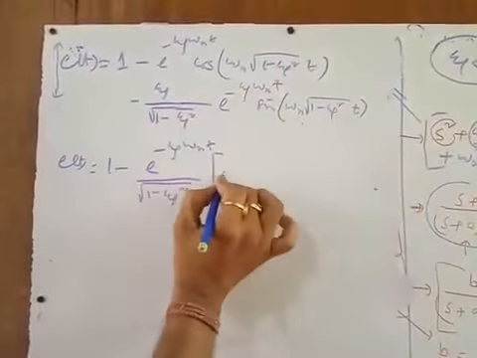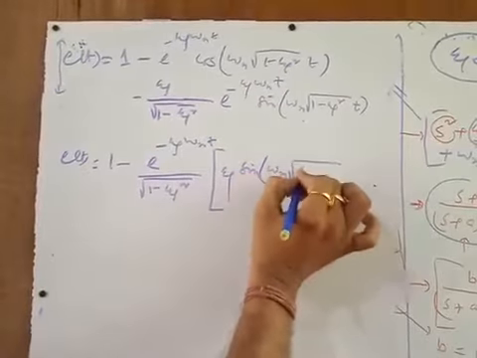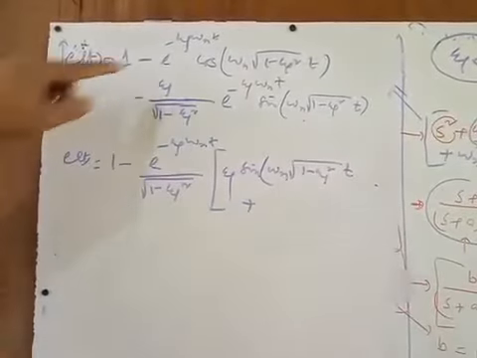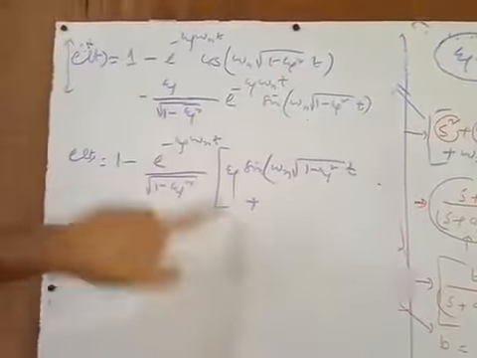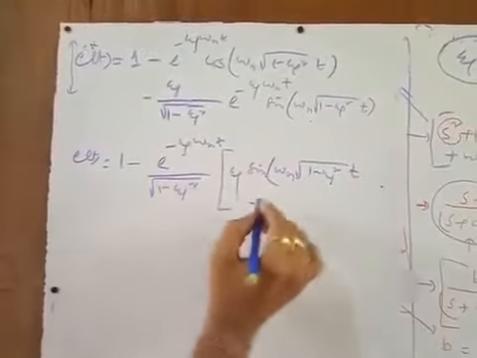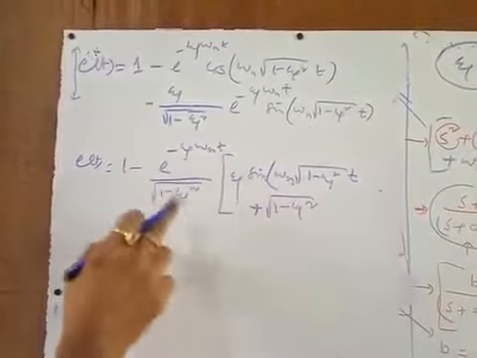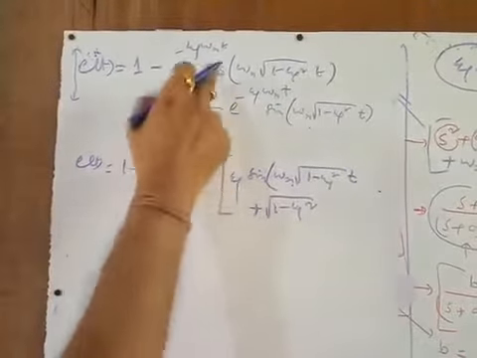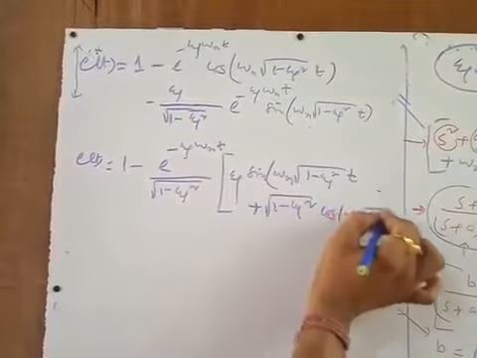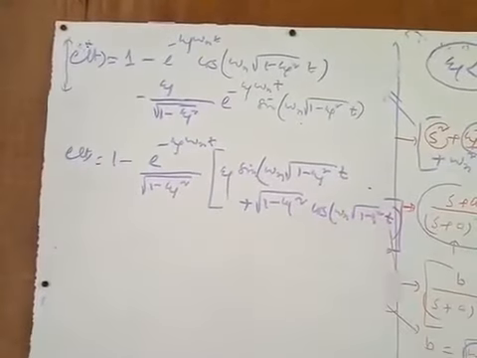So this will be xi sin omega n root over 1 minus xi square t, plus, since it is minus times minus, e to the power minus xi omega n t is there. So this should be multiplied such that it gives you e to the power minus xi omega n t into cos of omega n root over 1 minus xi square t, right?